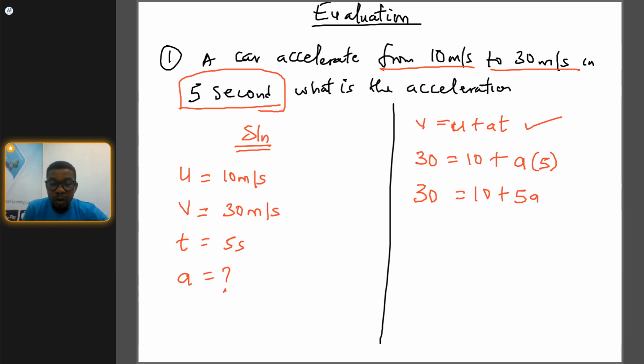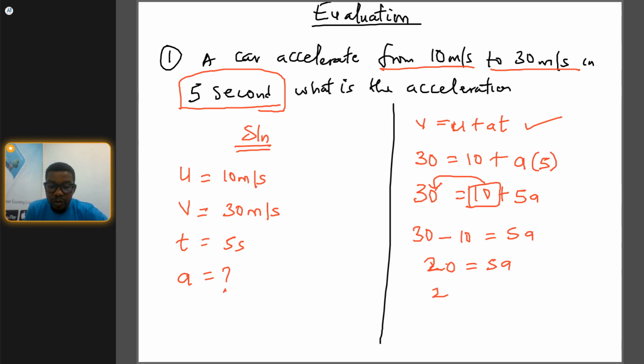By simple knowledge of mathematics, you need to collect the like terms. So if this moves to this place, we have 30 minus 10 equals 5A. Subtracting 10 from 30, we have 20. 20 equals 5A. And for us to obtain the value of A, which is the acceleration, we need to divide both sides by the coefficient of A, which is 5.